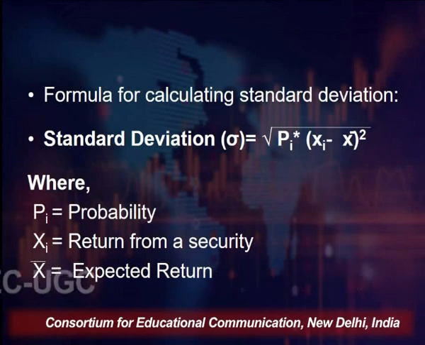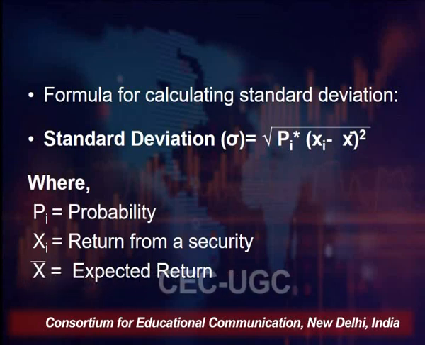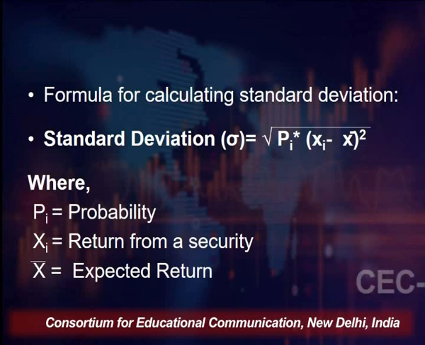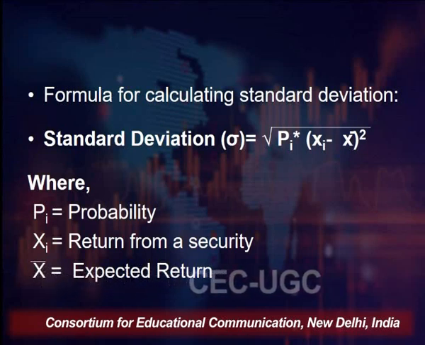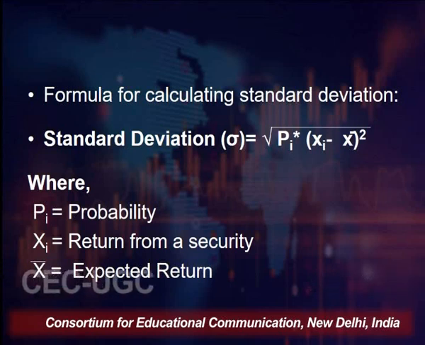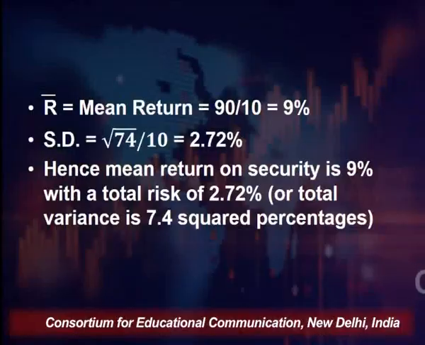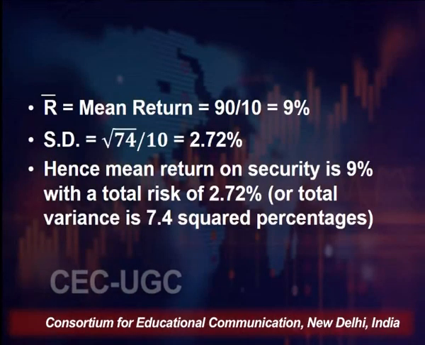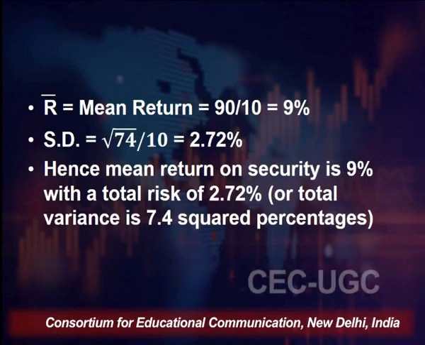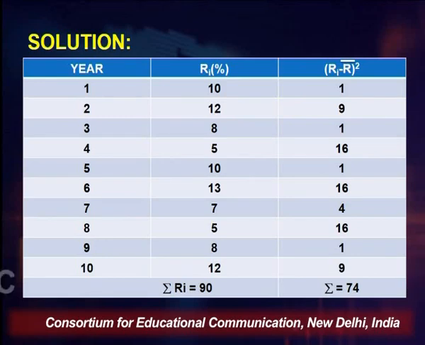If a series of returns is given for a particular asset, means instead of probability, it is the return of a particular time period, that is 10 years, 5 years, 15 years, 20 years, then the formula will be the standard deviation equals the square root of the summation of Xi minus X bar whole square divided by N. So in this way, you calculate 74 divided by the 10-year period, N is 10 in our case, the number of years we have calculated, and this 74 is the summation of R minus R bar whole square, that is 1 plus 9 plus 1 plus 16 plus 1, 16, 4, 16, 1, 9, which comes to be 74.